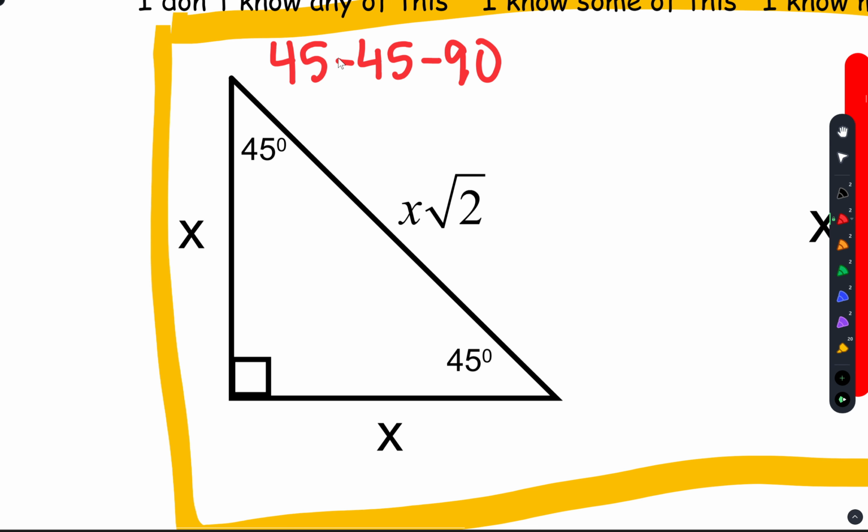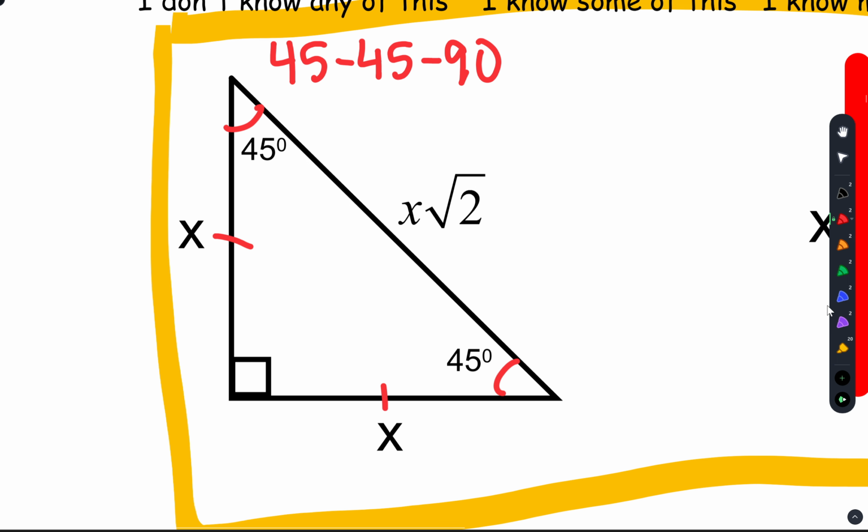In a 45, 45, 90 degree triangle, this is an isosceles triangle, and we know that because the two base angles are the same. In an isosceles triangle, we know that the two legs are congruent. So let's hypothesize that those legs are a value x, okay? Both of the legs should be x.